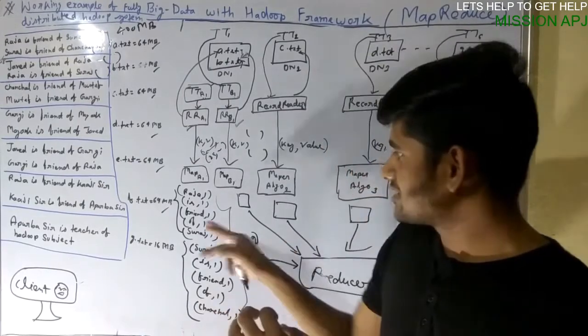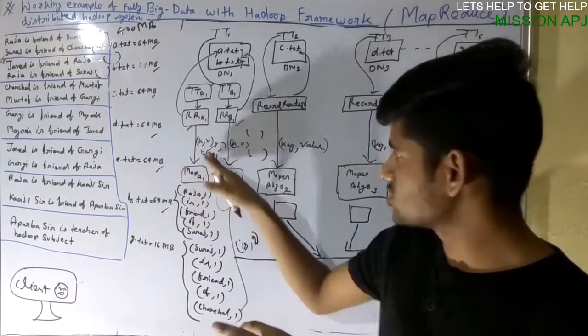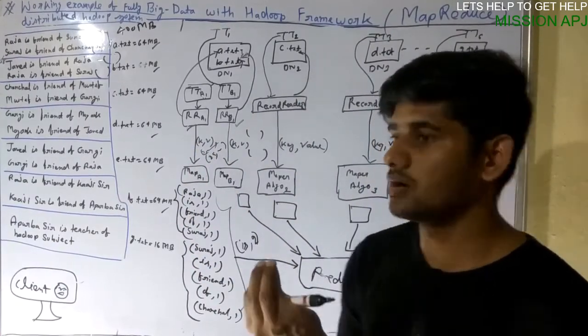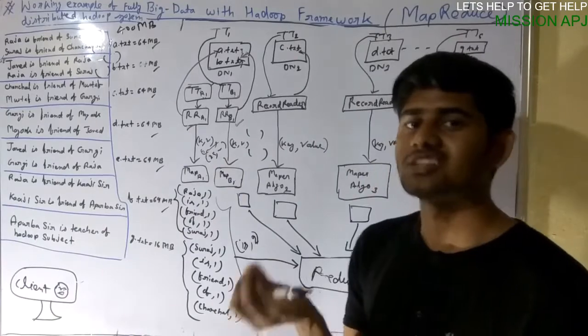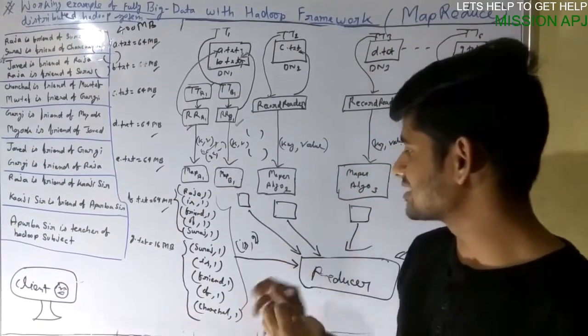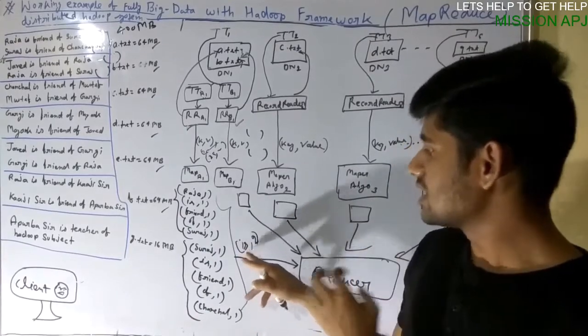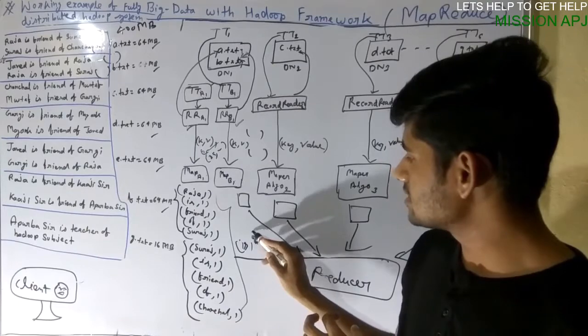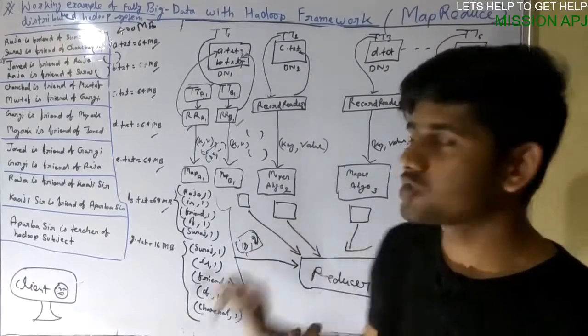So I am taking "is" as a key, and that is one single word, not the repeated word; each different word of the data we take as a key. Suppose that different word is "is"; how many times it has appeared is counted and written, and "is, 2" is your output of the shuffling.